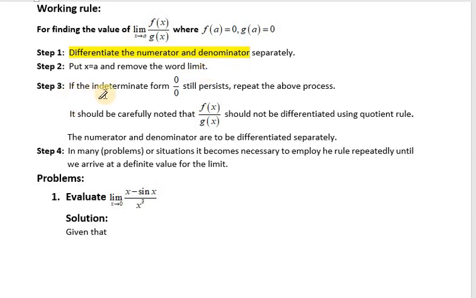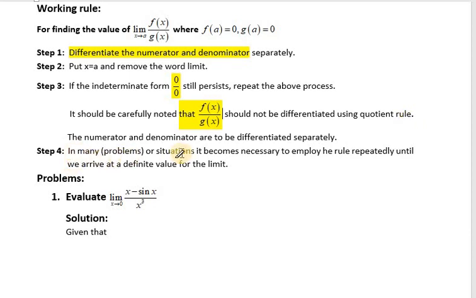Step 3, if the indeterminate form 0 by 0 still persists, repeat the above process. It should be carefully noted that f of x by g of x should not be differentiated using the quotient rule. We have to differentiate the numerator separately and the denominator separately. Don't use the quotient rule.